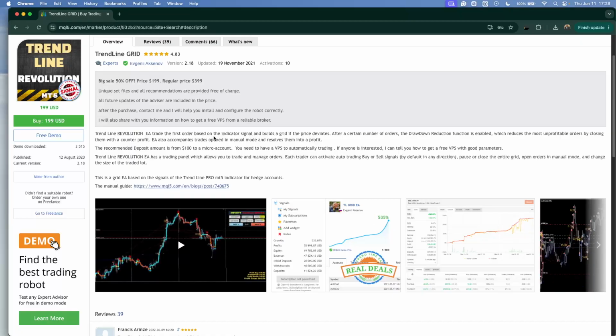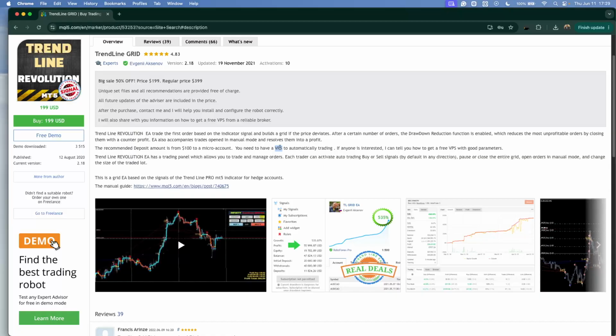It has drawdown reduction that starts closing the worst losers paired with profitable orders after a certain point. They highlight dynamic buy and sell zones based on recent highs and lows, plus full support for manual trading, where the expert advisor can manage your own entries with the same grid logic. Yeah, but you need a very good VPS for all of this to work.